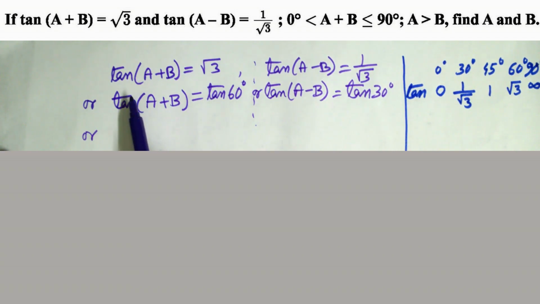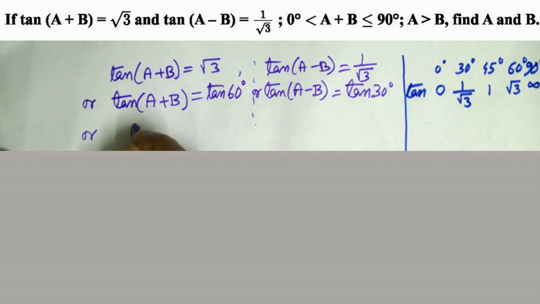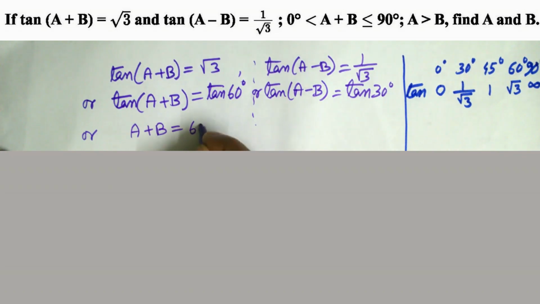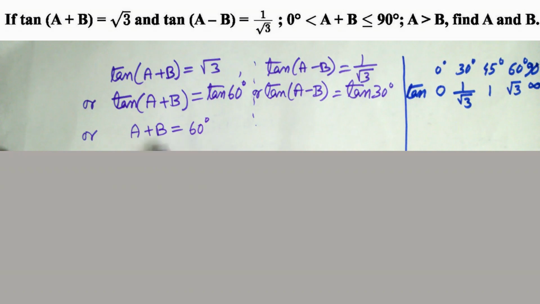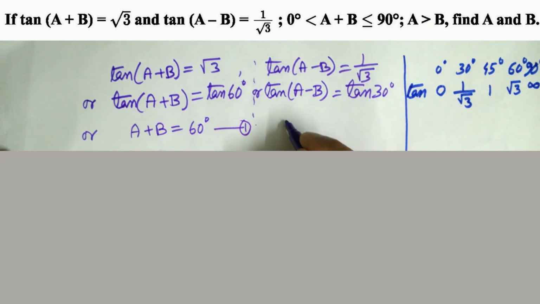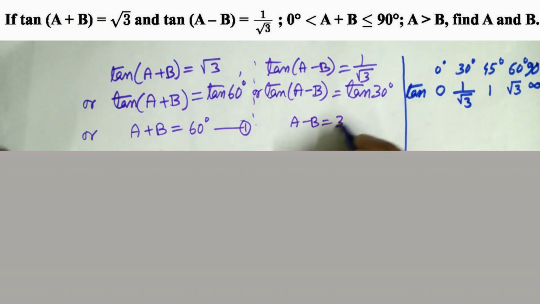Tan and tan cancel, so we will write a plus b is equal to 60 degree. This is an equation where a and b are involved with a constant term like 60 degree. Name it equation 1. Similarly, from this case, we will write a minus b is equal to 30 degree. Name it equation 2.